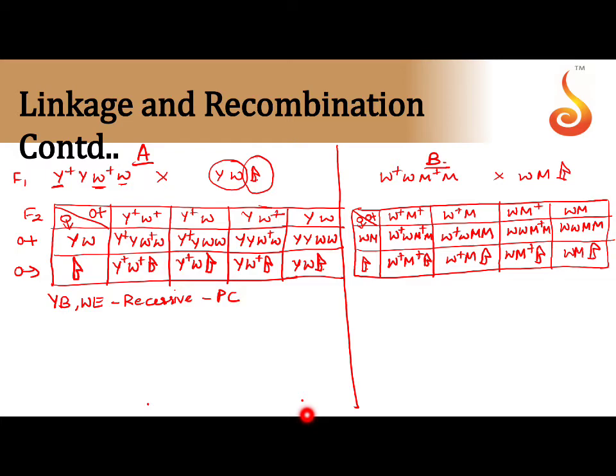The other parent characteristic was brown body and red eyes. So, this was the wild type parent characteristic. So, if I give a combination of yellow body with red eyes or brown body with white eyes, what would you call them? You would call it recombination, right?